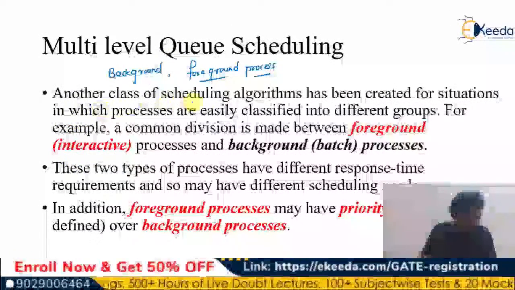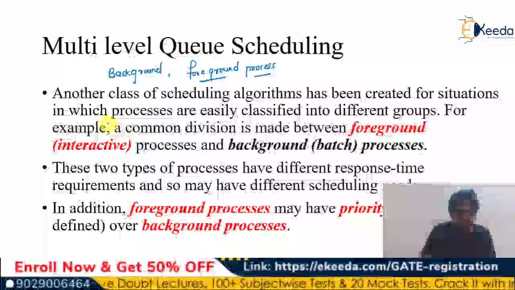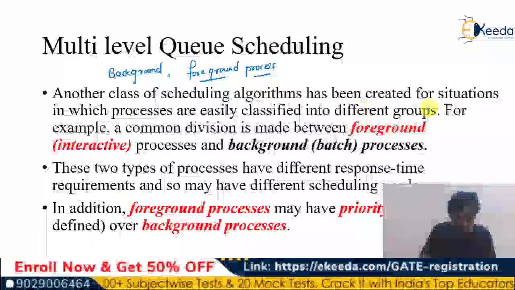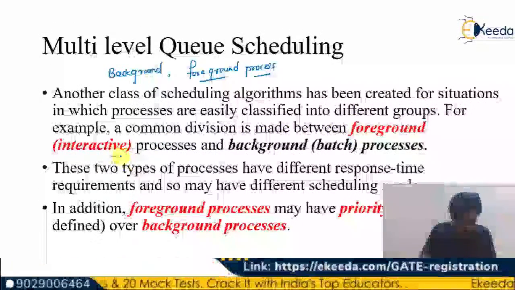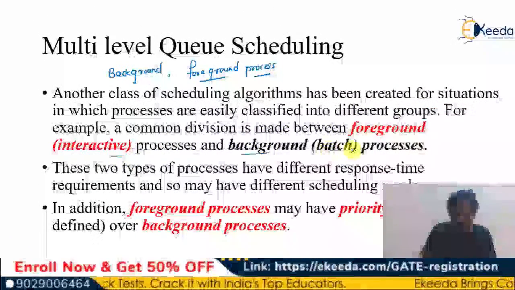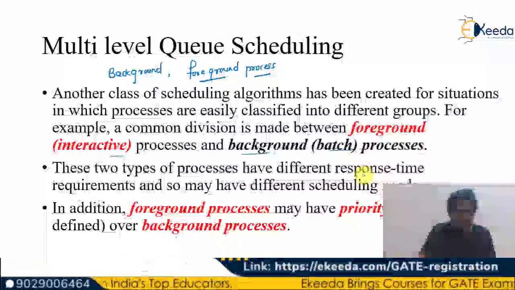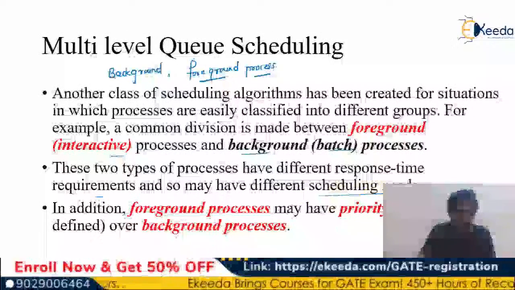Now, another class of scheduling algorithm has been created for situations in which processes are easily classified into different groups. For example, a common division is made between foreground interactive processes and background batch processes. These two types of processes have two different response time requirements, so they may have different scheduling needs.